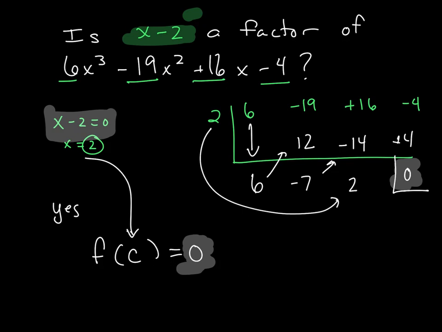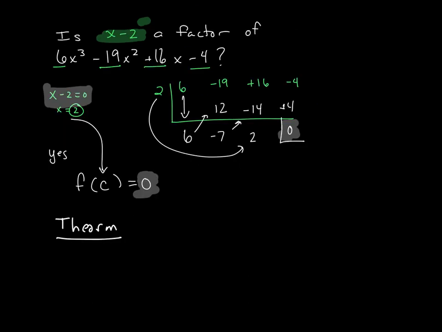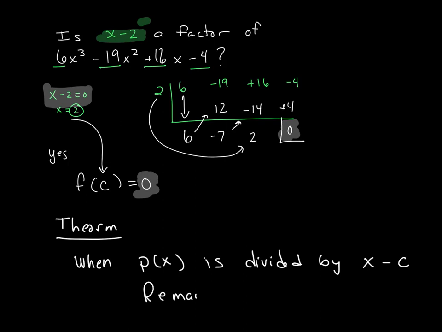The actual remainder theorem says when p of x is divided by x minus c, the remainder is equal to p of c.